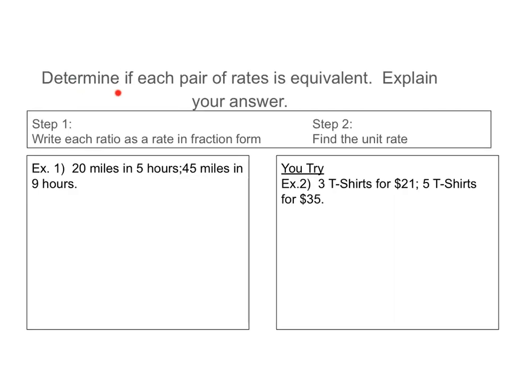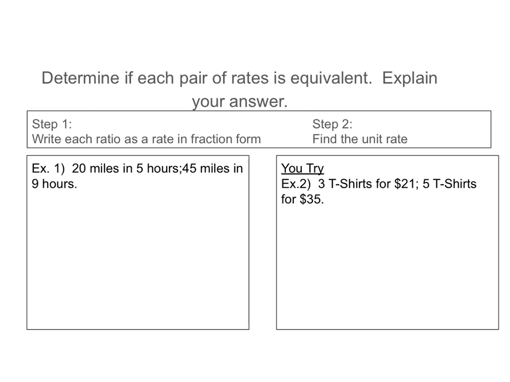So let's determine if each pair of rates is equivalent. Explain your answer. So step 1, write each ratio as a rate in fraction form. So we're trying to see if these ratios, like 20 to 5 and 45 to 9, are equivalent. So we're going to actually write it as a rate to see if they are equivalent.